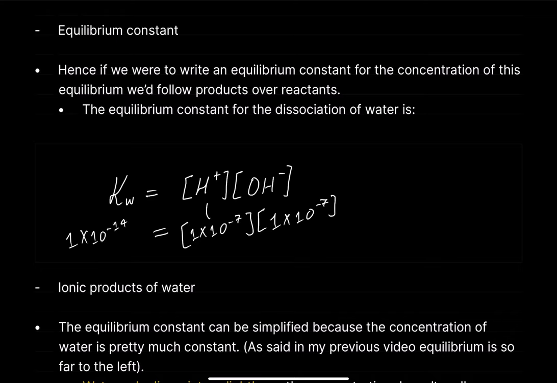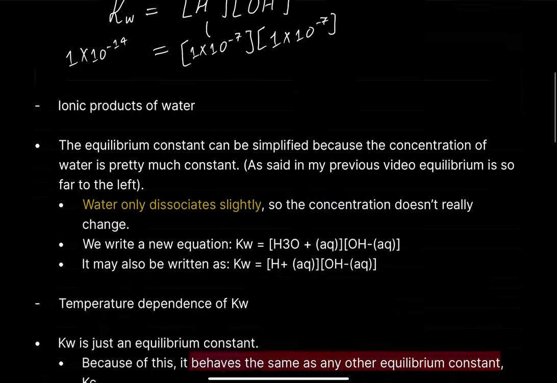Remember, when you're multiplying two indices together, you add them. So minus 7 plus minus 7 is minus 14.